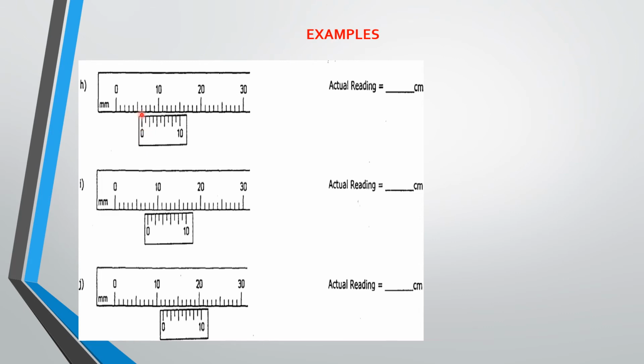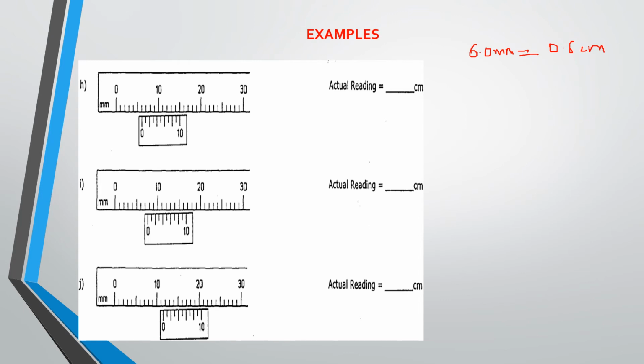So you write it down: that is 6. This is 6.0 millimeters. So you just do your conversion straight to centimeters. That gives you 0.6 centimeters. Fine.